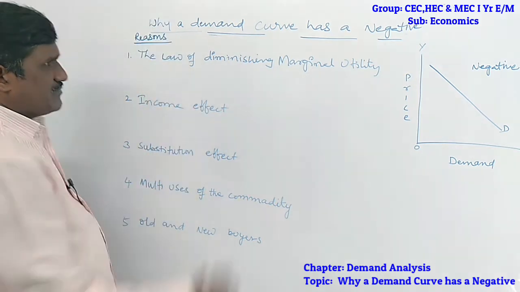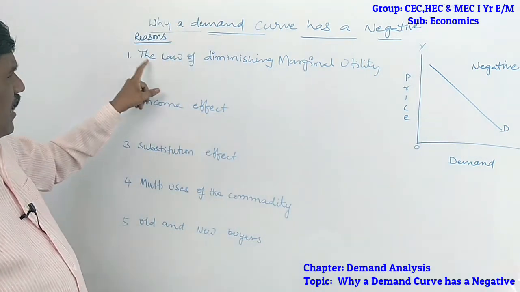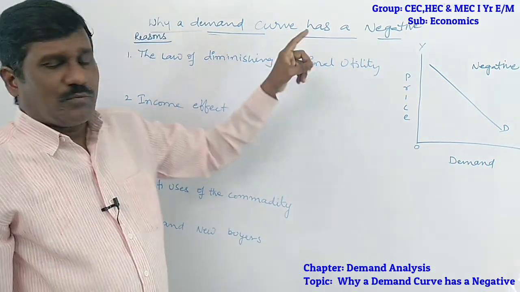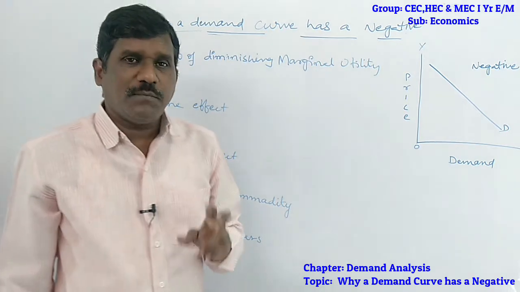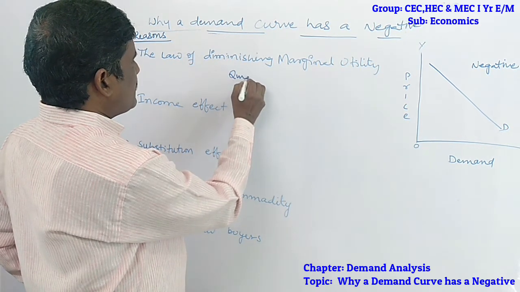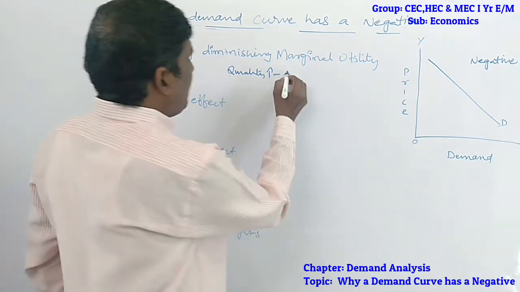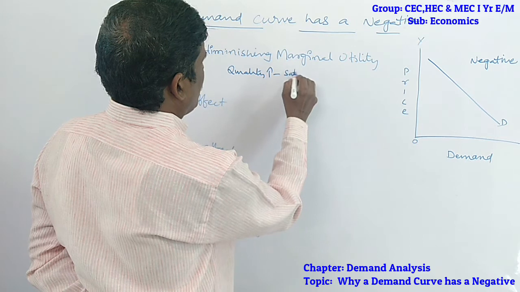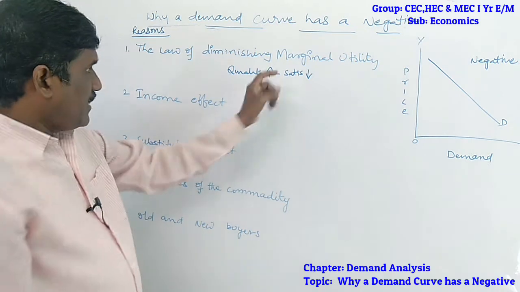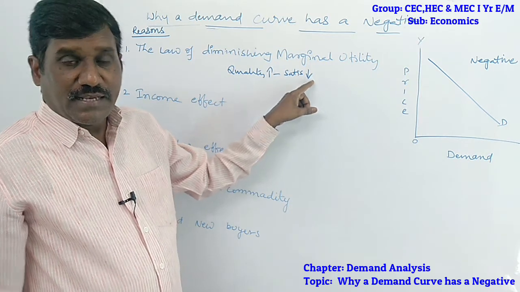What are the reasons the demand curve slope is negative? Let me analyze. The law of diminishing marginal utility is one of the causes of the negative slope of the demand curve. What is the law of diminishing marginal utility? It means that if the quantity of goods increases, the satisfaction derived decreases.